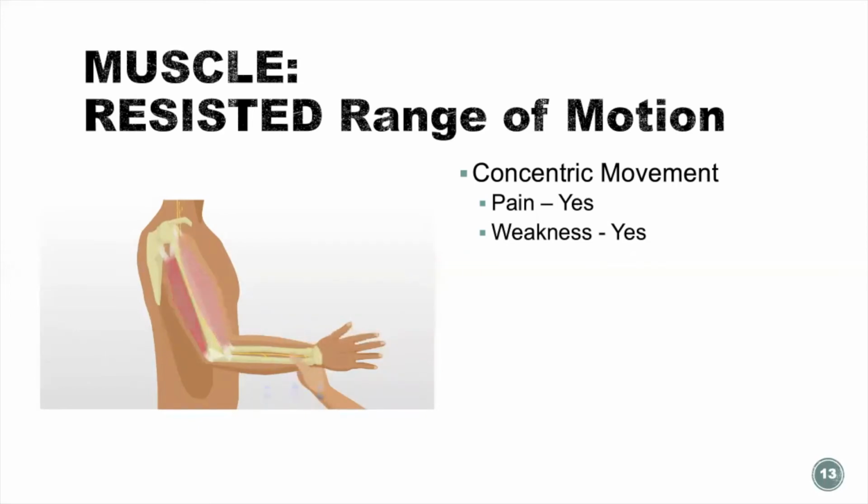And just kind of as a side note, with muscle damage, the resisted and the active range of motion will always be the same answers. So for both resisted and active range of motion, when it's concerning the muscles, the concentric movement will both experience pain and experience weakness with that movement. So those were looking at muscle injuries.